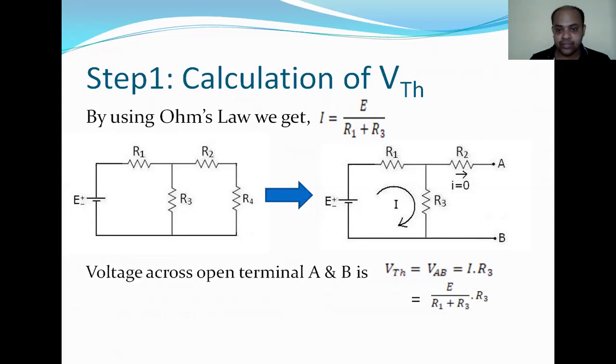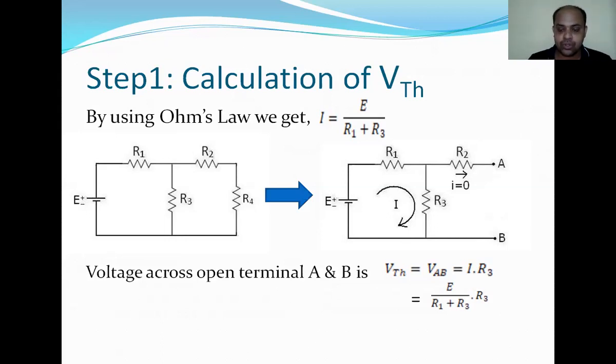So the value of I will be equal to the voltage divided by the summation of the resistances, because the resistances are connected in series. Here I equals the voltage E divided by R1 plus R3. So the current equation is E divided by R1 plus R3.